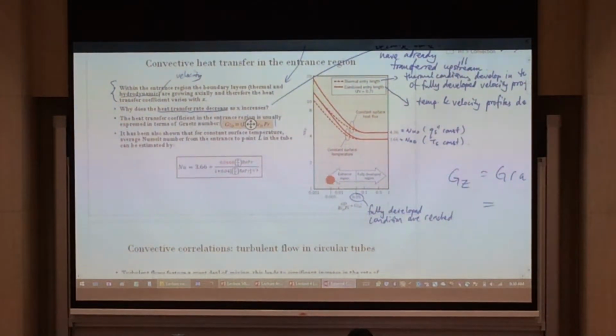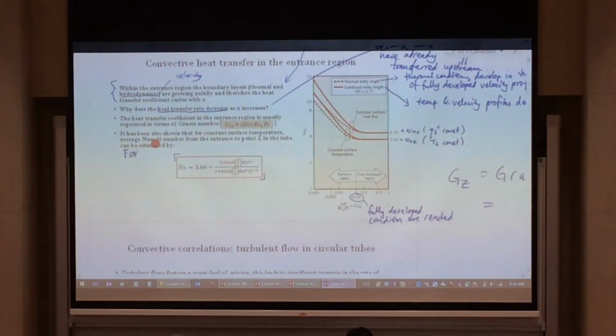Now it can be shown that the Nusselt number varies as it enters into your entrance region. And the expression for this curve over here can be given by this equation. And this equation, again, is also not included in your exam data booklet, and I'll be highlighting that in class. Now what is this equation about?